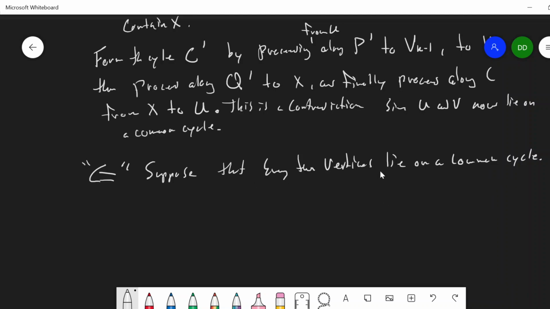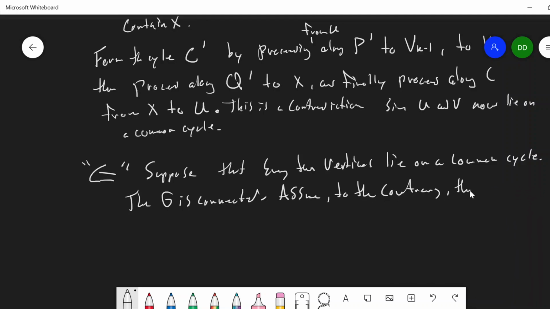In particular, since every two vertices lie on a common cycle, I know that G is connected. Right, clearly if every two vertices lie on a common cycle, then G has to be connected. And we'll assume to the contrary that G contains a cut vertex.